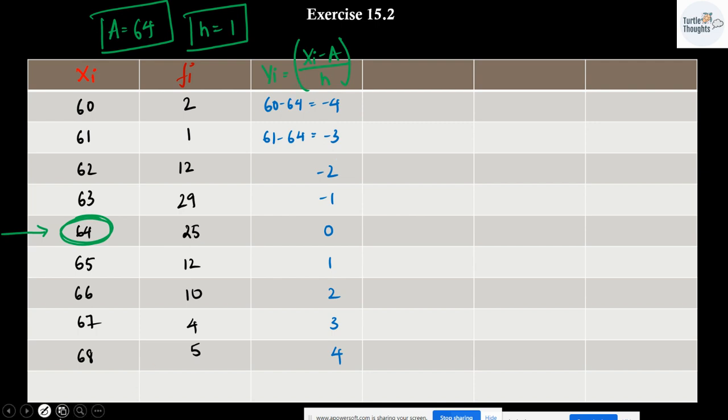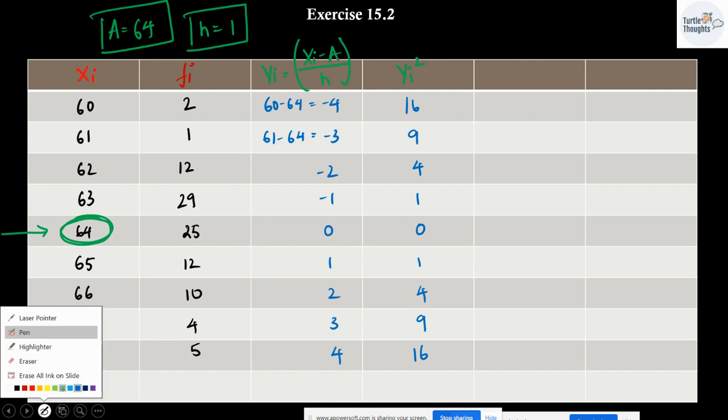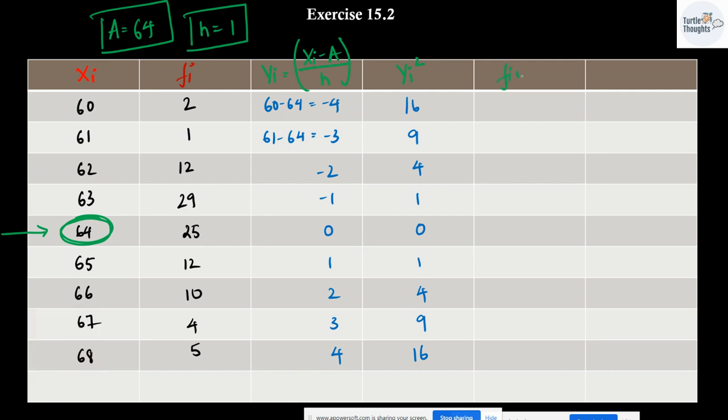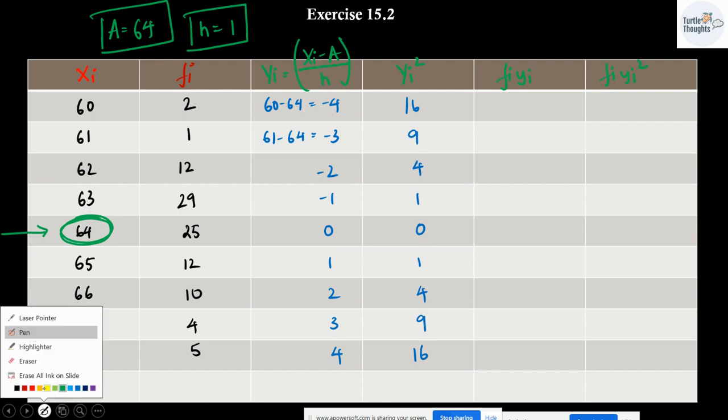Next I will be writing yi square. For that I'll be getting the value as 16, 9, 4, 1, 0, 1, 4, 9 and 16 again. Next I will be finding out fi multiplied by yi, and then fi multiplied by yi square.